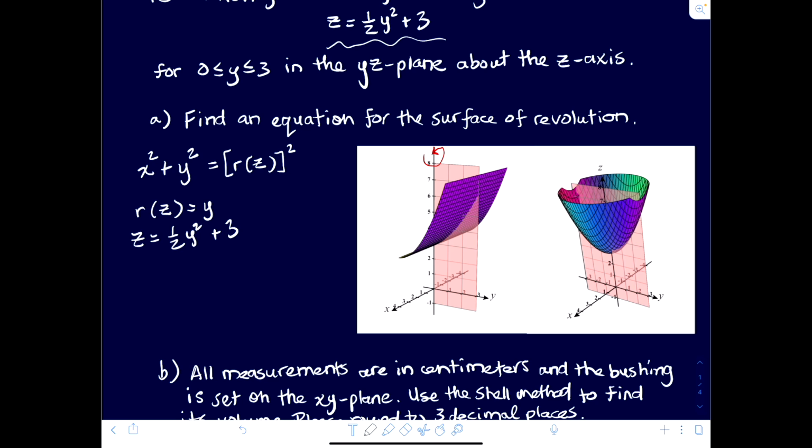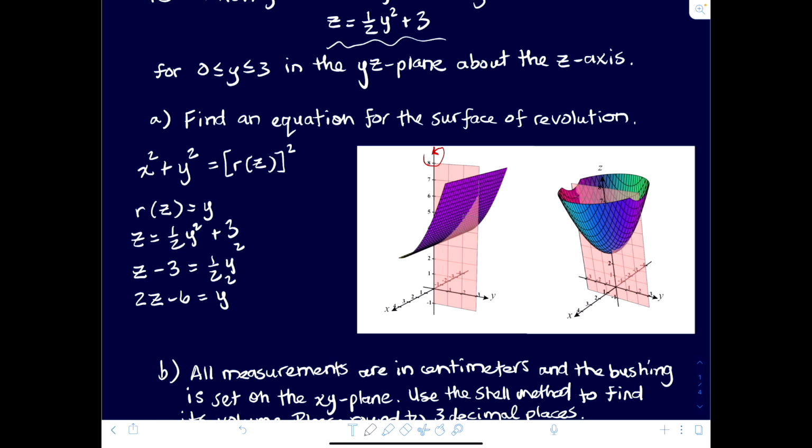Well, we would have Z minus 3 is equal to 1/2 Y squared. And then multiplying by 2, we would have what? 2Z minus 6 is equal to Y squared.